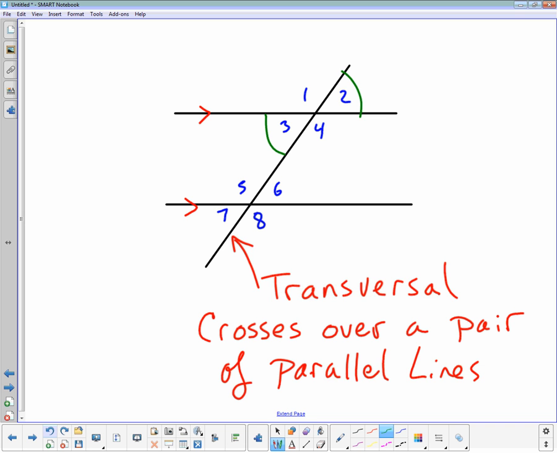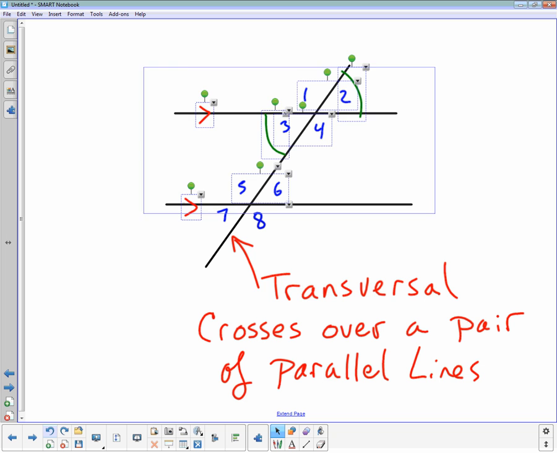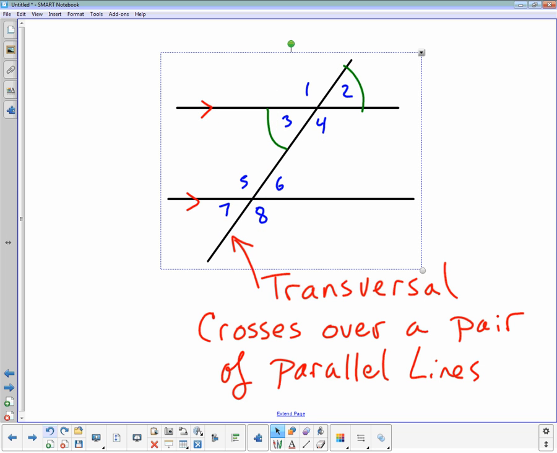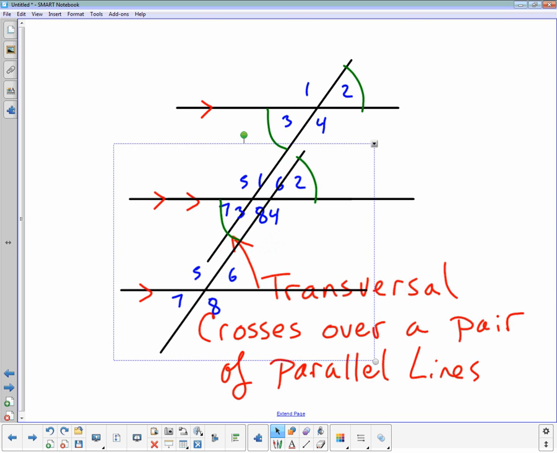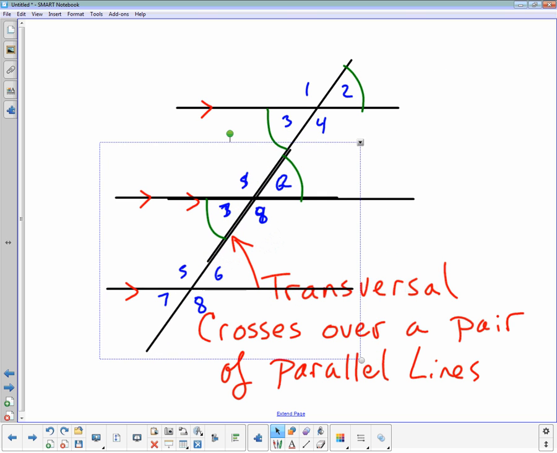All right, now. Take a look. Watch. Are you surprised? It shouldn't really surprise you if we know that parallel lines have the same slope. Whenever anything crosses over them, you're going to wind up with the same angles if you have the same slope.